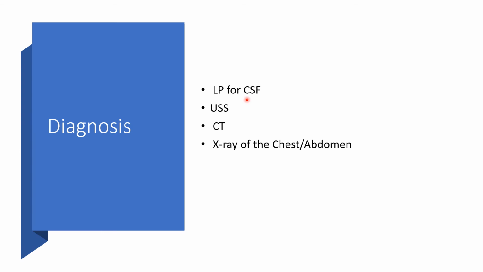Lumbar puncture for cerebrospinal fluid analysis, right? And pleocytosis. Ultrasound, CT, X-ray of the chest and abdomen. Now, we are looking for a lot of things here, including pneumonia, including perforation, air-fluid level when there's intestinal perforation, right?